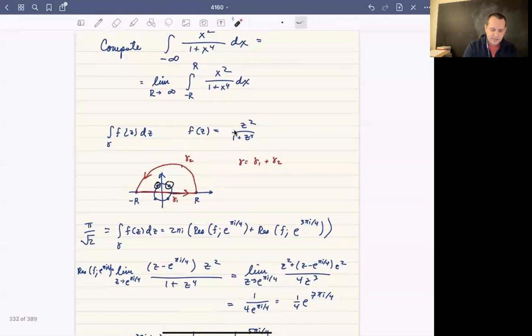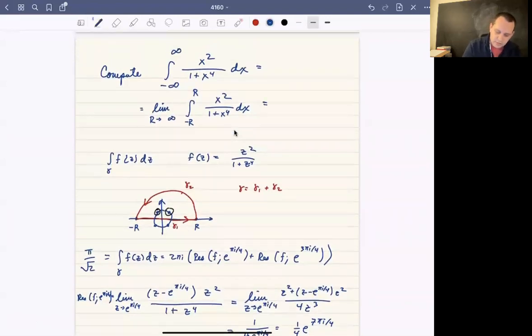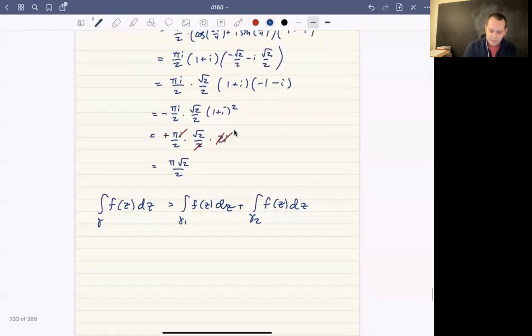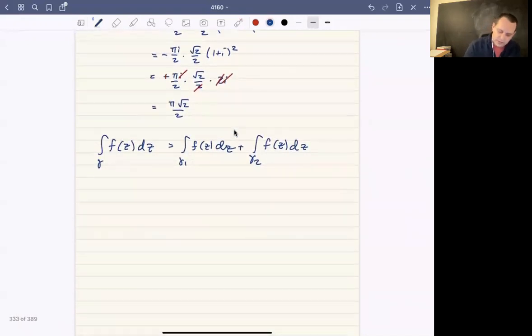Okay, so this is really, just to put this in perspective, this is the limit as r goes to infinity of the integral of our function f over gamma 1. Okay, that's what we're looking for. And then we know that if we add these up, so let me just say what we did here.